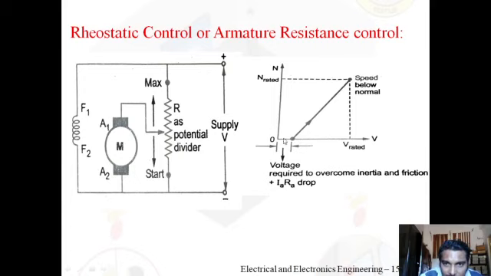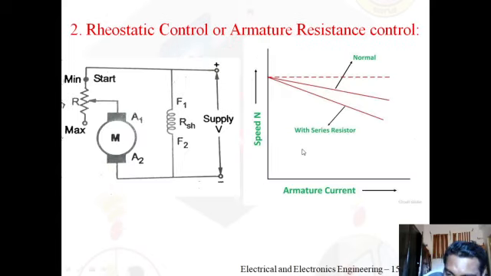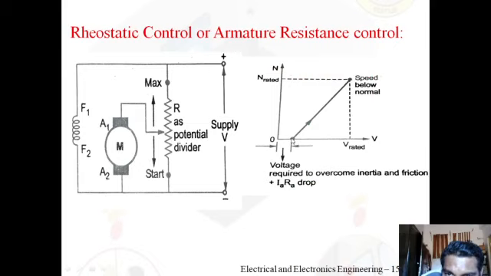Here you can observe it starts from this particular point. Theoretically it is zero, because speed is directly proportional to Va, what we have discussed. Therefore, whenever Va is zero, the speed should be zero. But here it is not starting at the origin. The graph is starting at some particular voltage Va.